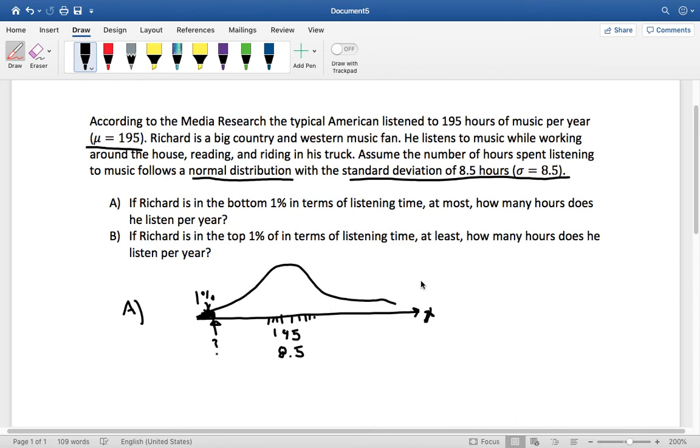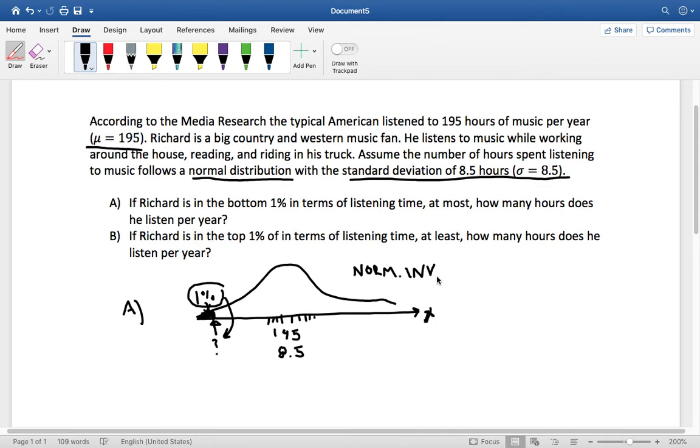This is going to be a very simple question if we use the power of Excel. It's an inverse question, where we're given the probability or the proportion and need to come down this way. So we're just going to use norm.inverse. You could have standardized, but that becomes a bit of a nightmare, and then you'd have to use norm.s.inverse.